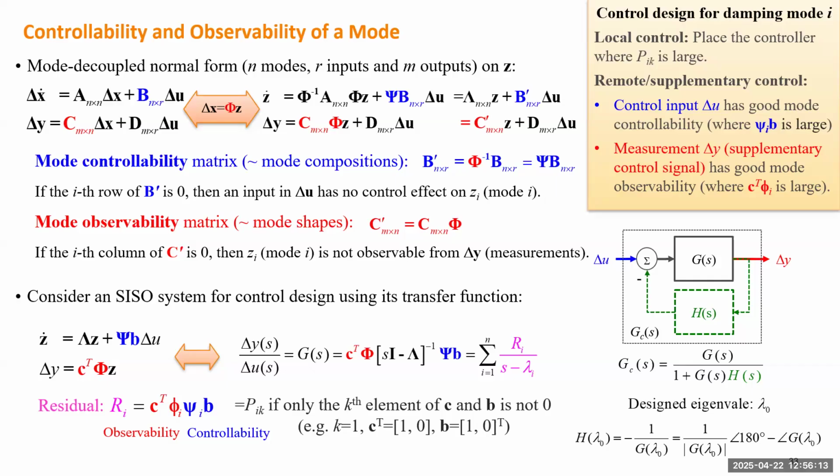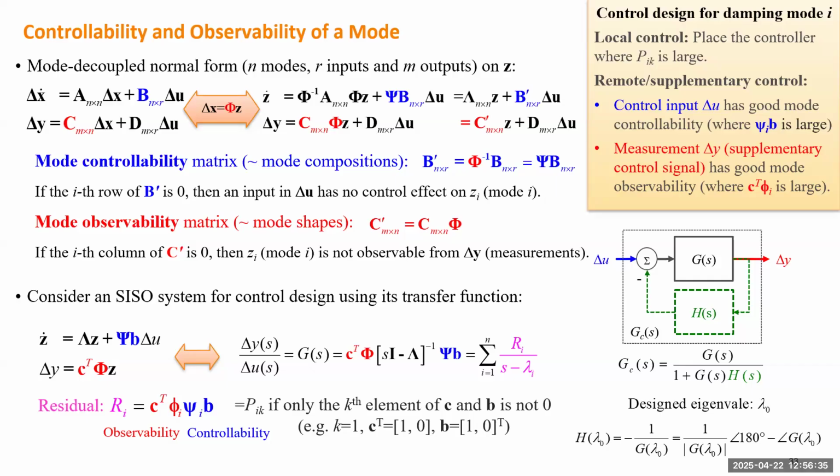When you design the control input and also the measurements, which are the output, to have the best performance of your controller, it's better to place the sensors at the location where you have the largest mode observability.